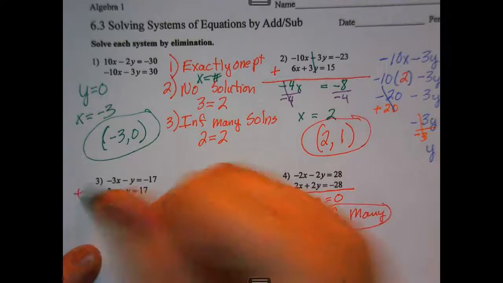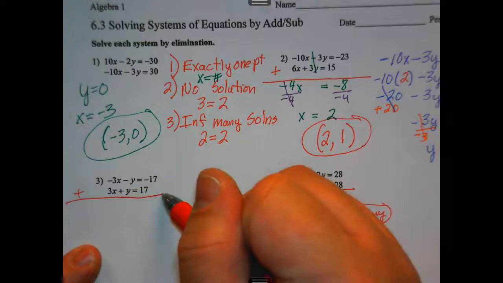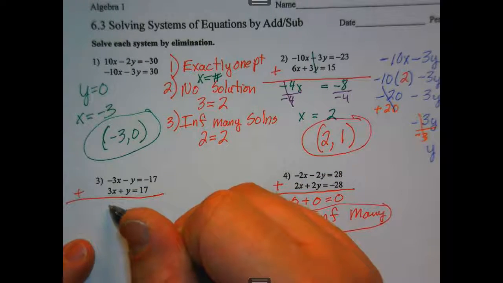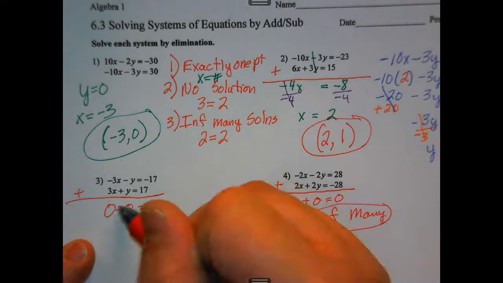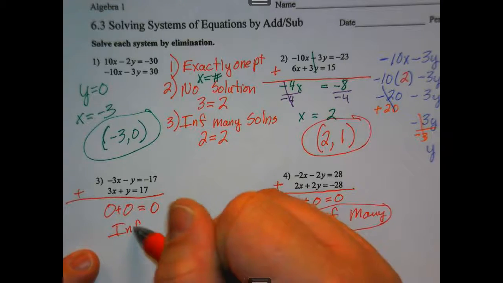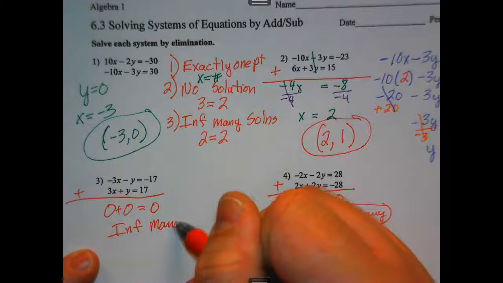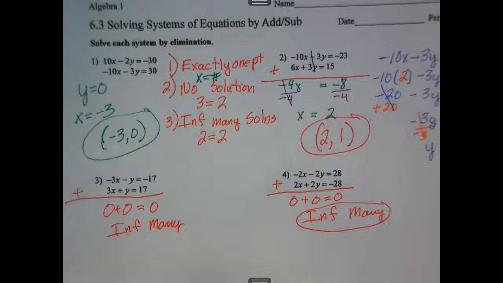Let's add these two. This one might be infinitely many too. 0, 0, 0. Yep. This is infinitely many too. It doesn't have to be 0 equals 0. It could be 3 equals 3 or 4 equals 4. A true statement.